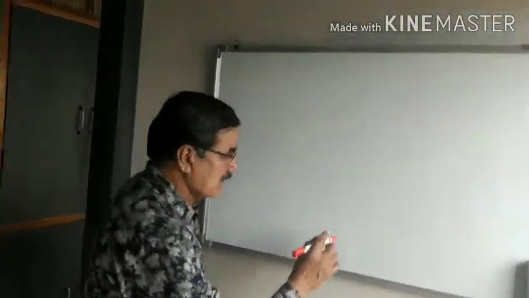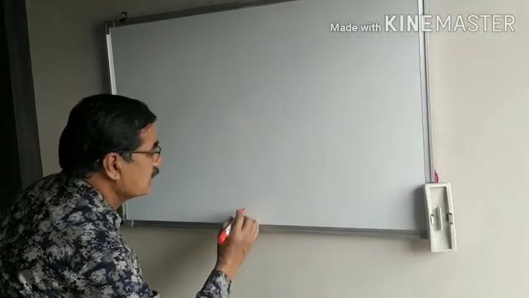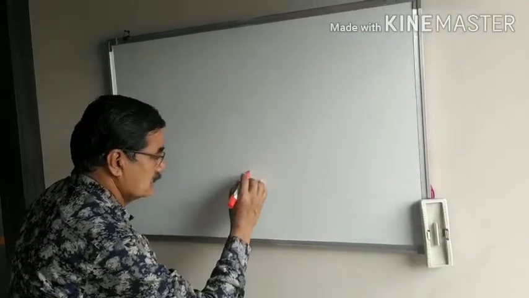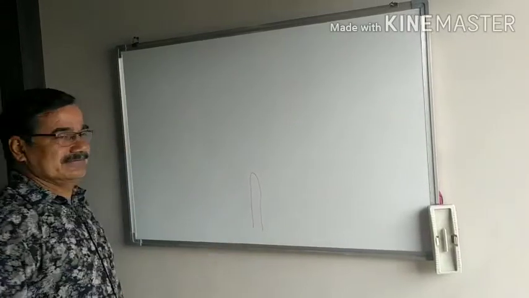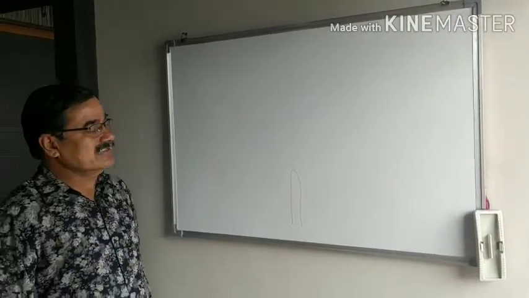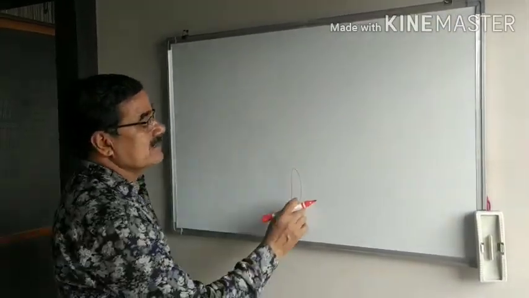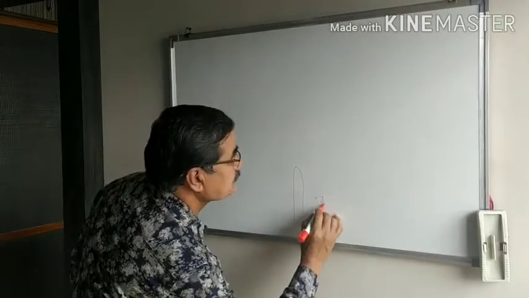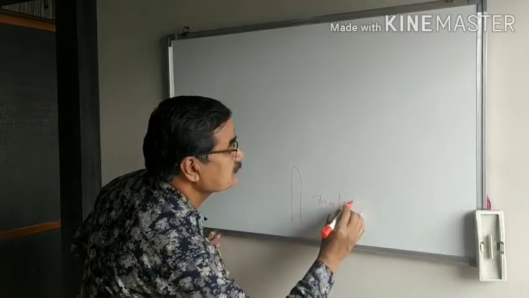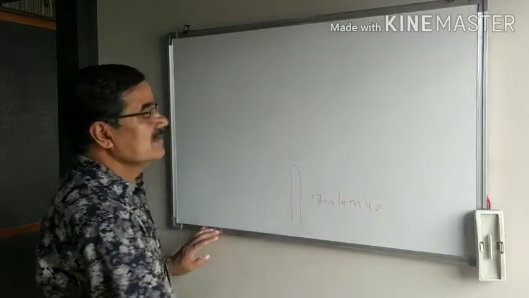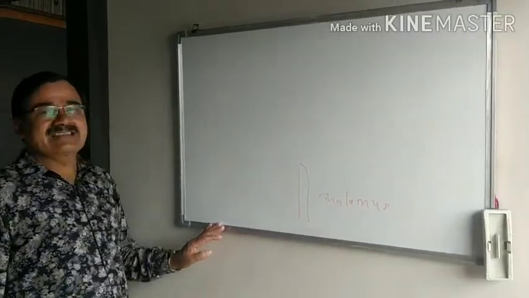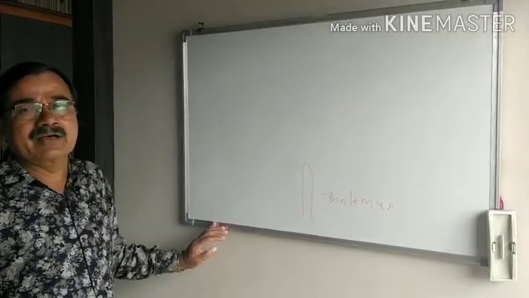The flower is seated on a specialized structure. This structure is known as the thalamus. Therefore, thalamus is considered the seat of the flower.